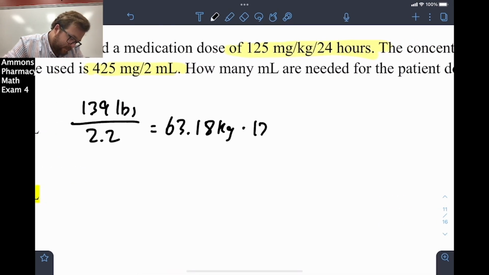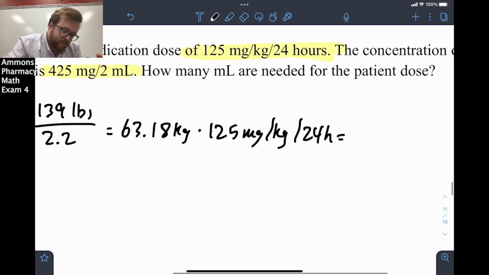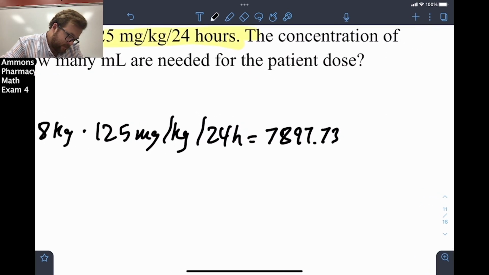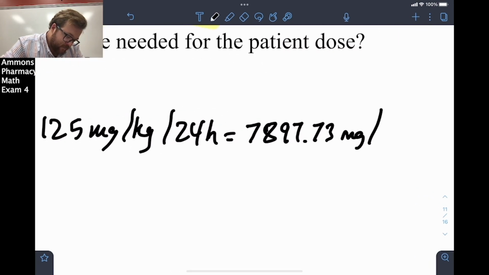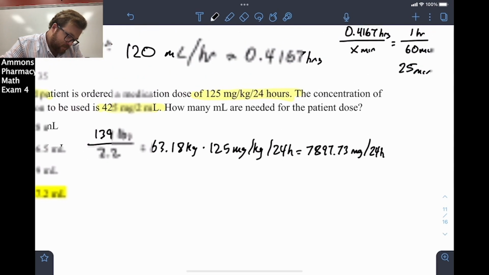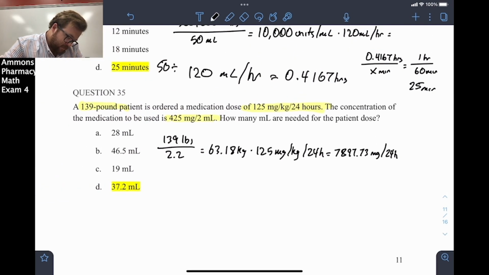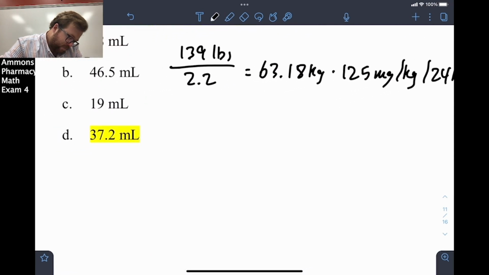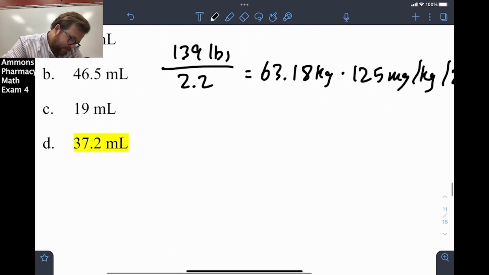And they get 125 milligrams per kilogram per 24 hours. That's milligrams per 24 hours. So it's 425 per 2.